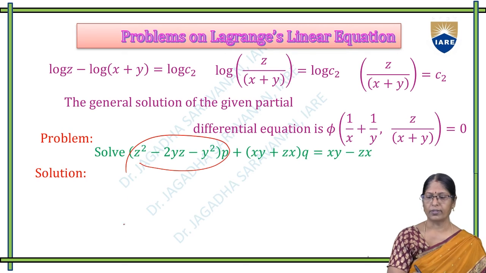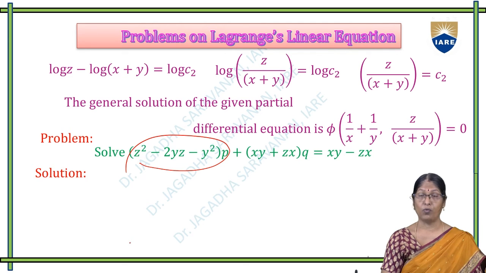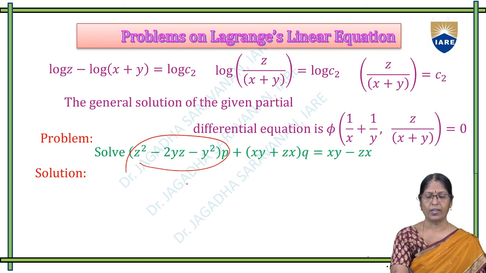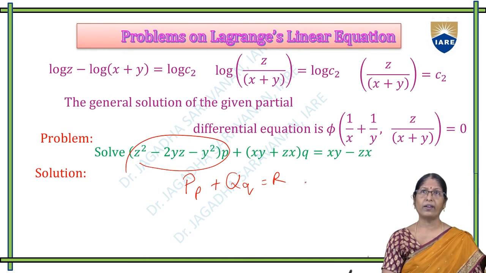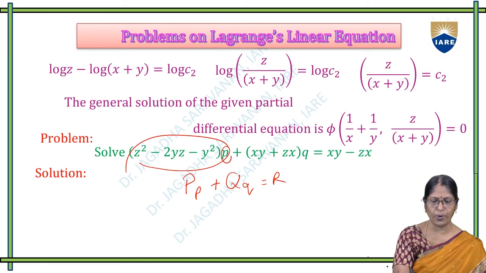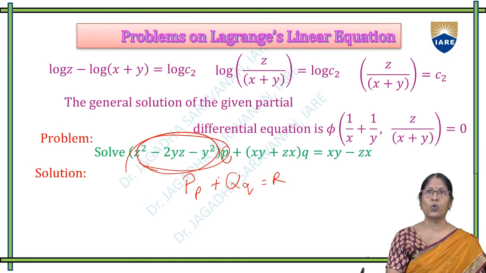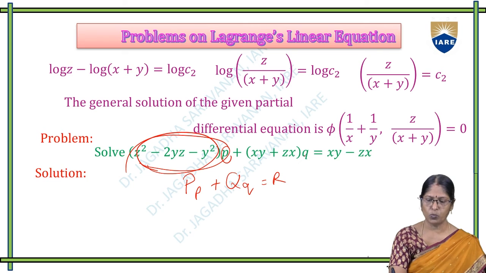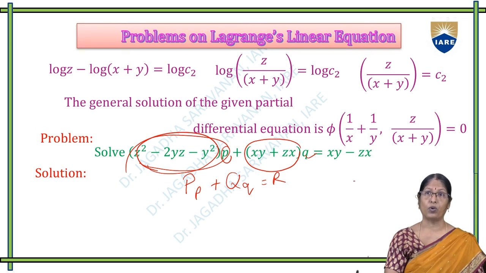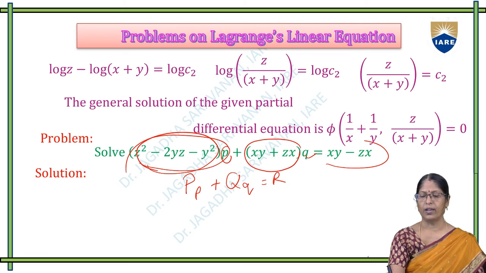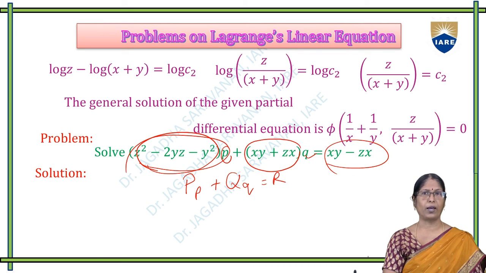That is, Pp plus Qq equal to R. Exactly, it matches our Lagrange's linear equation. Small p, this is playing the role of capital P, this is small q playing the role of capital Q, and the right side is nothing but capital R.